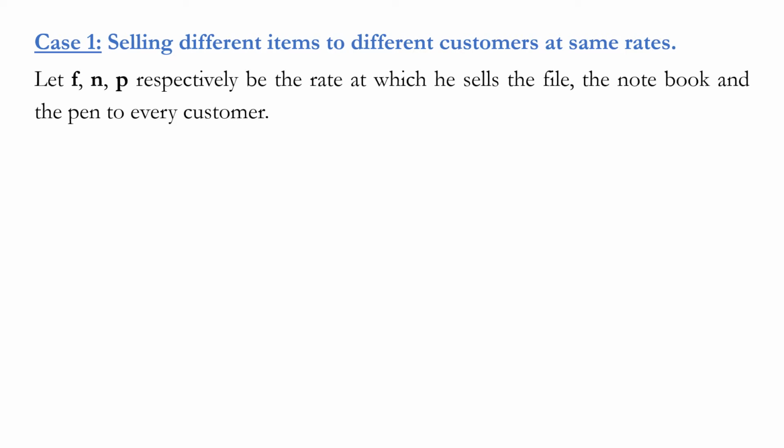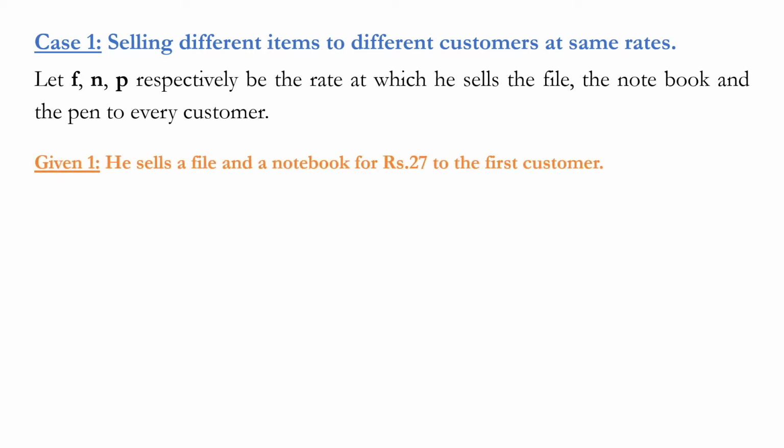Let F, N and P respectively be the rates at which he sells the file, the notebook and the pen to every customer. Given that he sells a file and a notebook for Rs 27 to the first customer, that is, F plus N equals 27. Let this be equation 1.